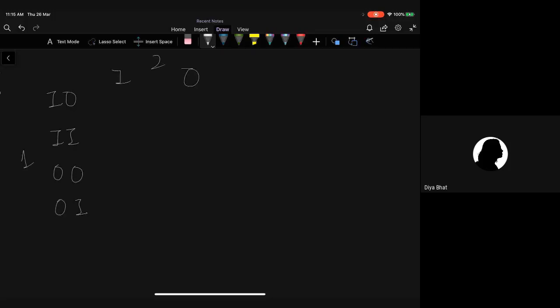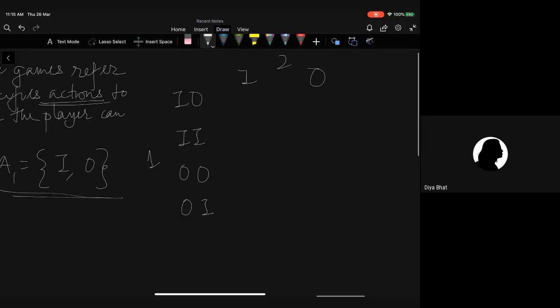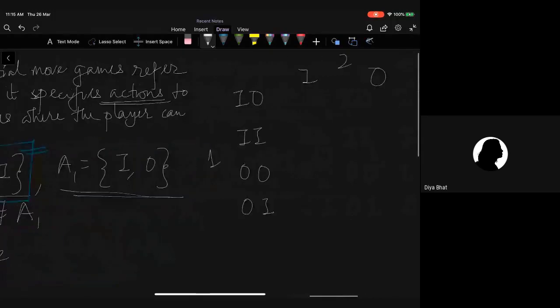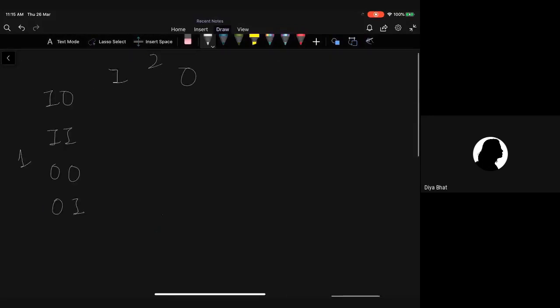If player one stays in and player two also stays in, and then player one stays out, let me just look at the game. Both stay in and player two stays out, so it's 3-4. If player two stays out, then it's 1-3.